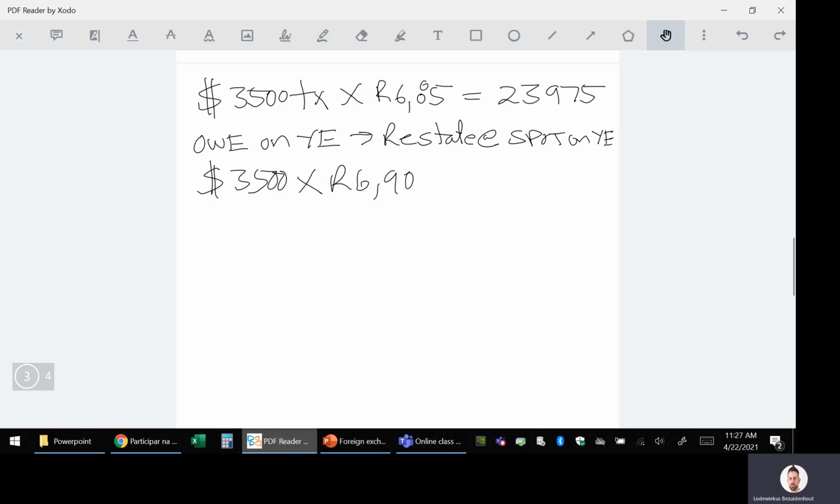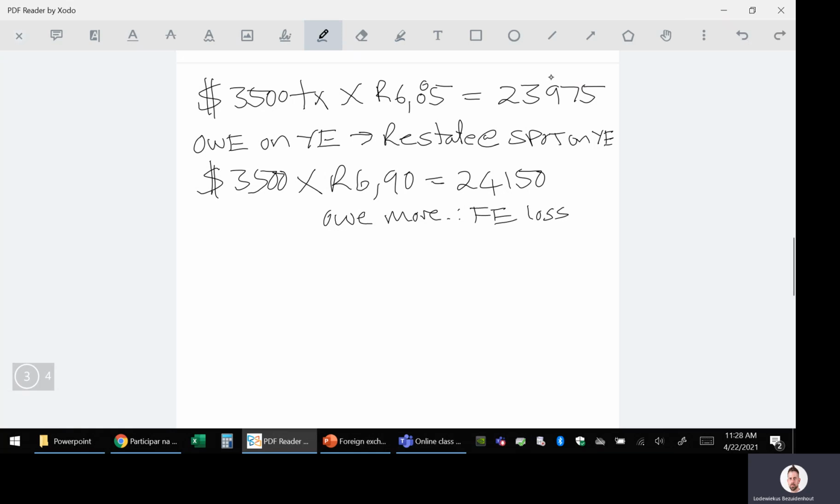So we restate it, and that gives us an amount of 24,150. All right, so we owe more. So that means it will be a foreign exchange loss.